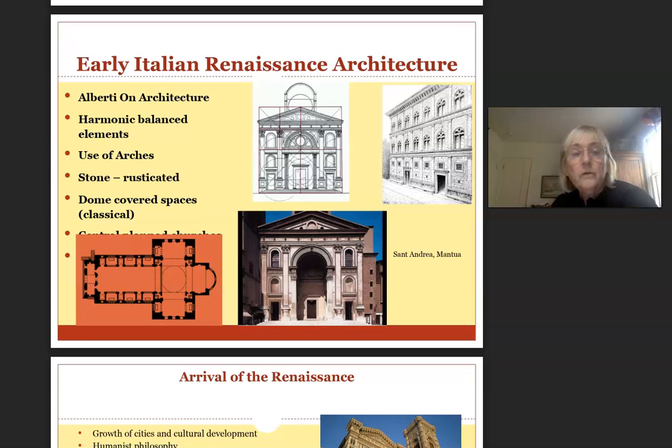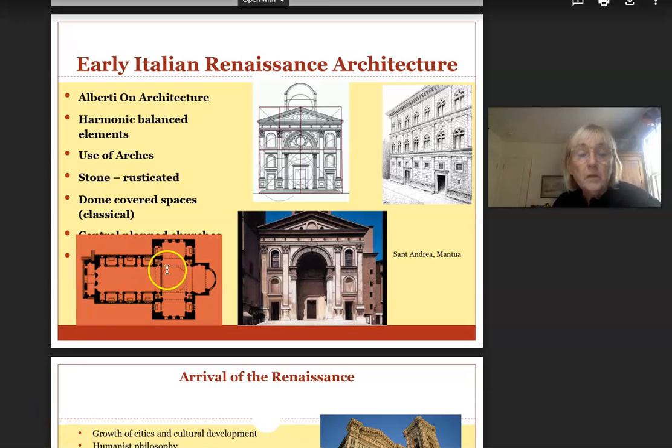So do notice that compared to the Gothic, Renaissance architecture is going to be more ordered, more harmonic, more balanced. There's going to be a use of rounded arches, as we saw from the Roman period, stone facades, rusticated stone in particular, and in the palazzos, dome-covered spaces.